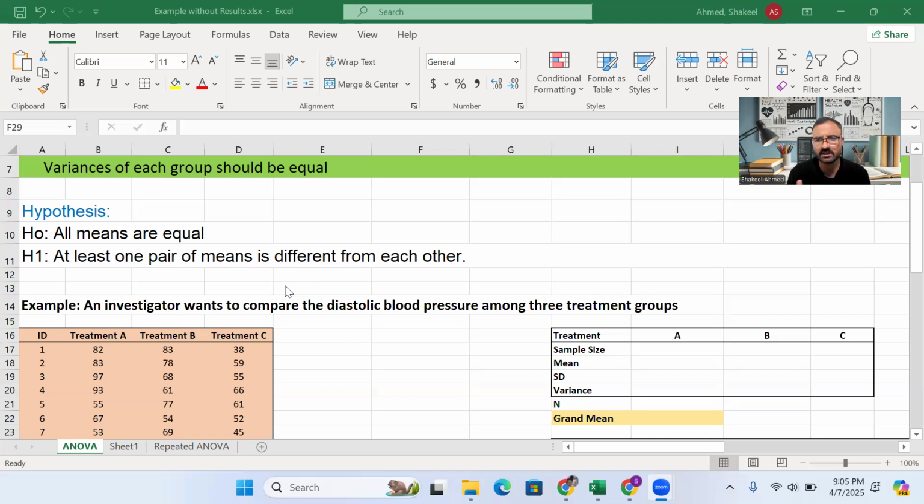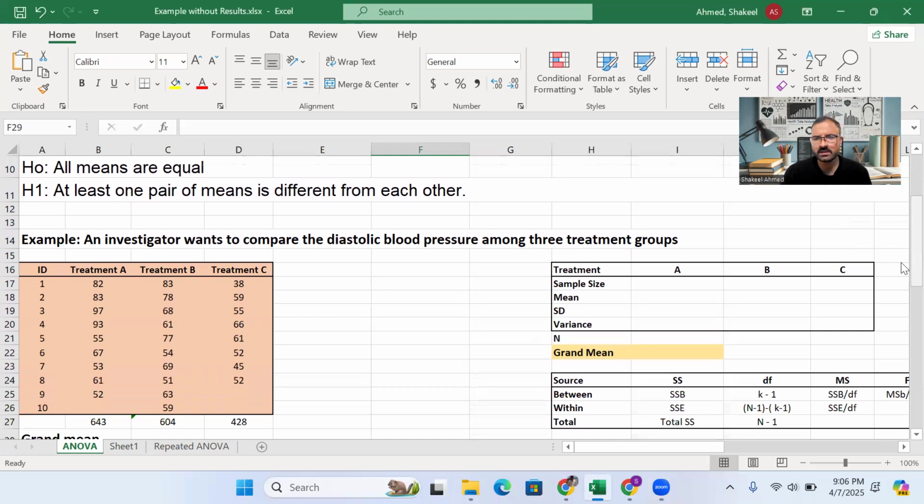We are not sure which two means are equal and which two are different, so we need to check pairwise, and we can conclude which pairs are equal and which pairs are different.